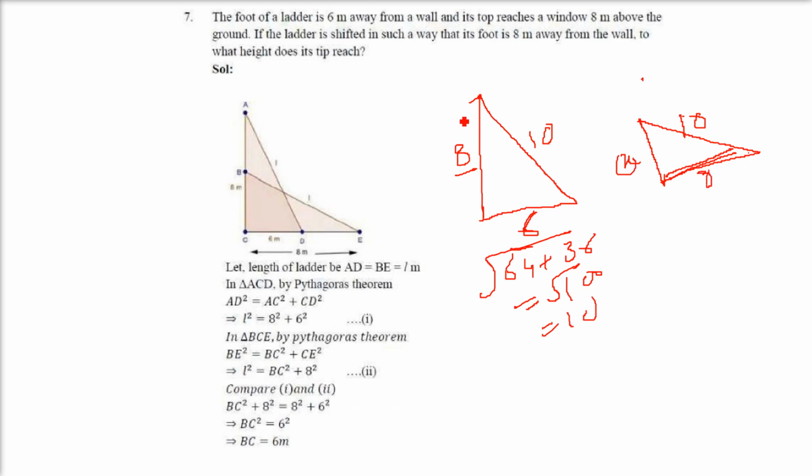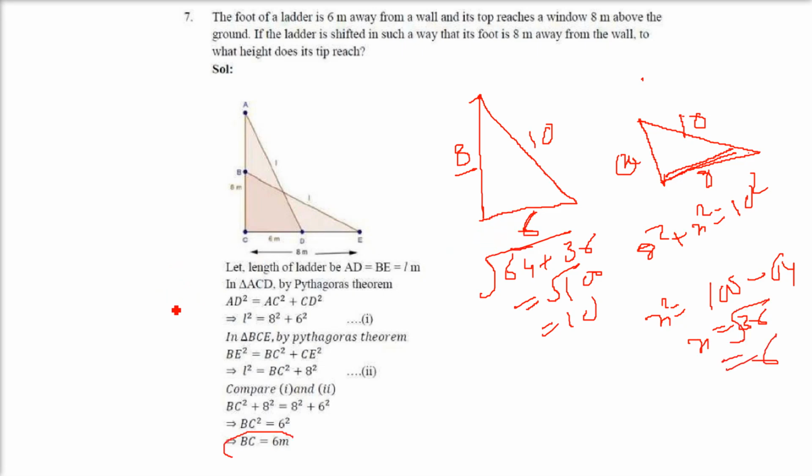So how to find this x? 8 square plus x square equal to 10 square. So x square will be equal to 10 square, that is 100, minus 8 square, 64, that is 36. So x will be equal to the square root of 36, that is 6. BC will be equal to 6 meter. From here to here, it is 6 meter.